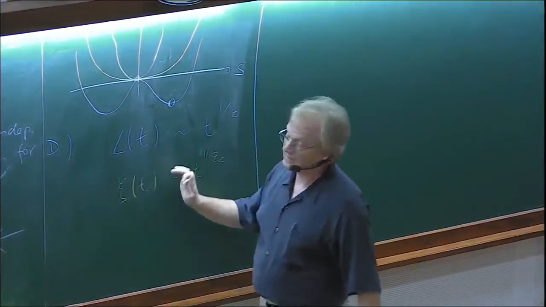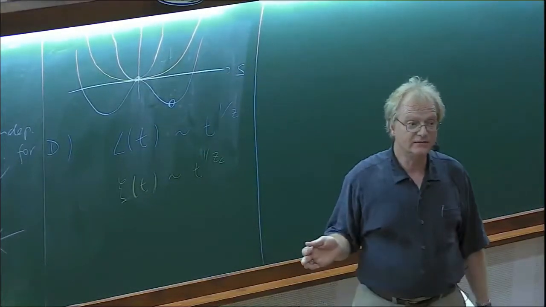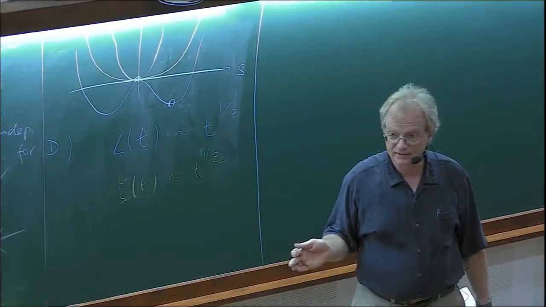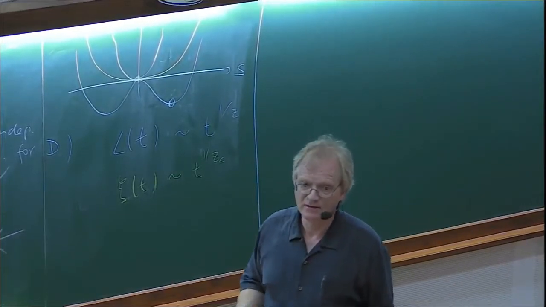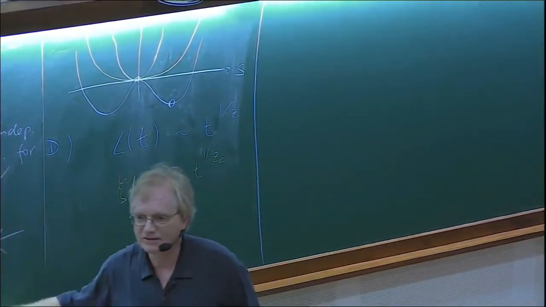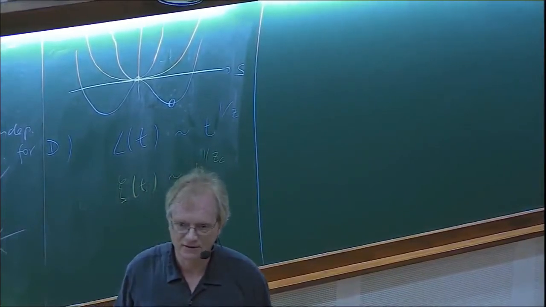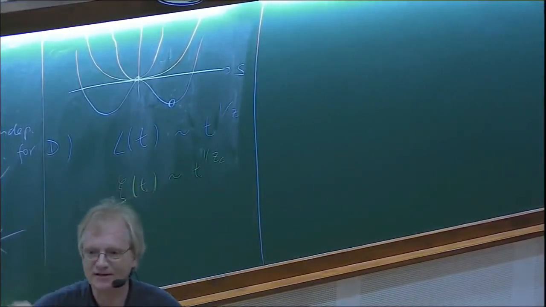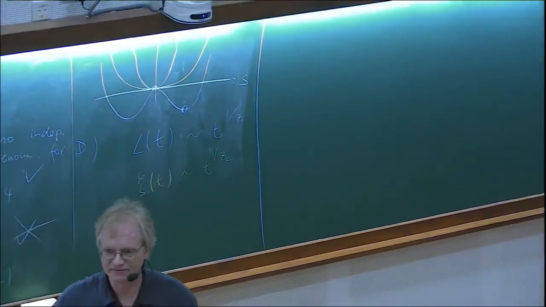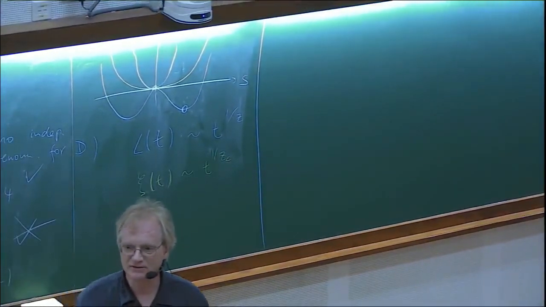Now, if I have this scenario, I'm not really equilibrating. Equilibration times are infinite, and that means you're not actually reaching stationarity. The order parameter is not going to be a time-independent function. Two-point correlations are not going to be functions of the time difference between the two points, but of the times individually.